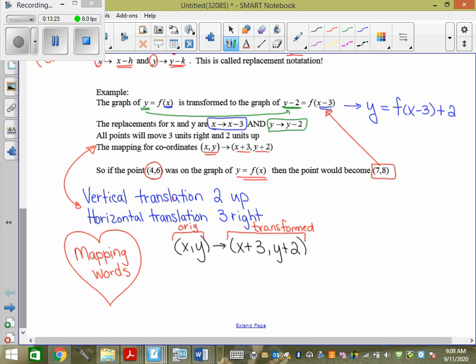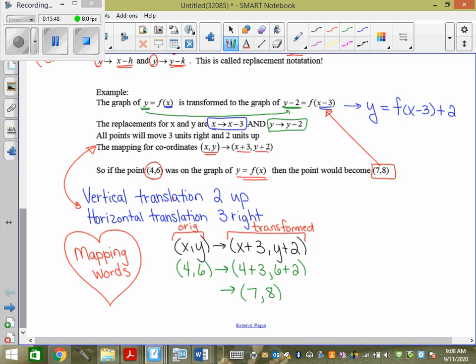Okay? So my original is 4, 6. And then I apply it to get my transformed point. 4 plus 3, 6 plus 2, and my new point is 7, 8.